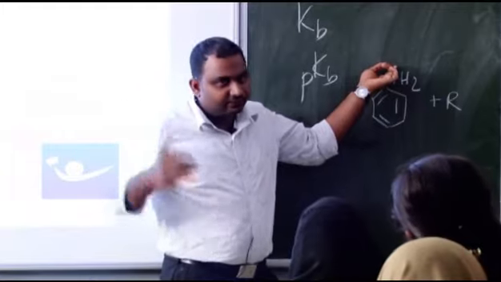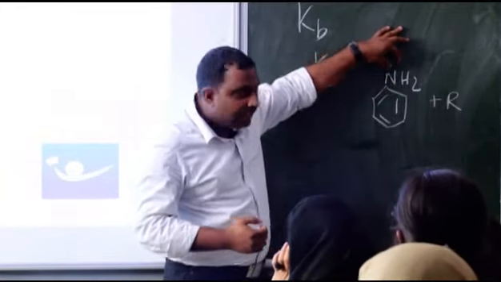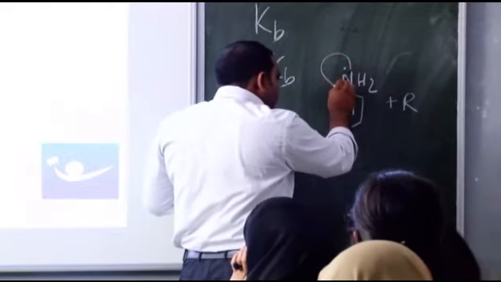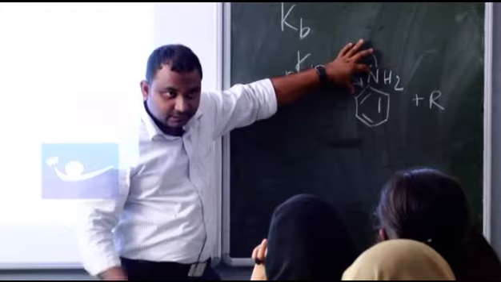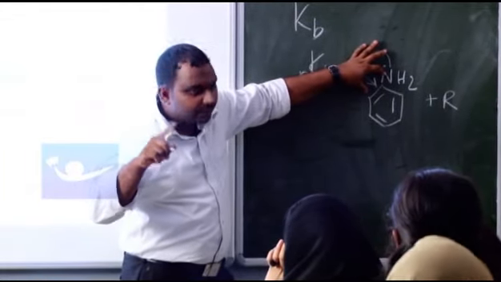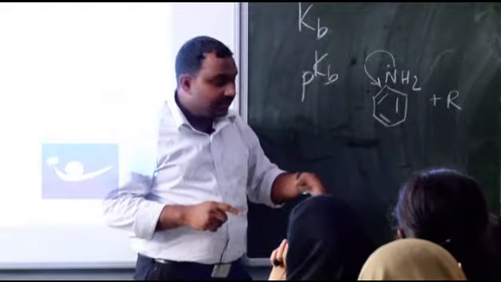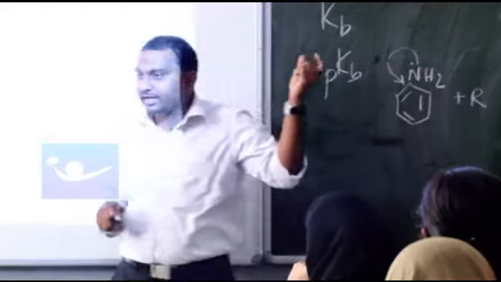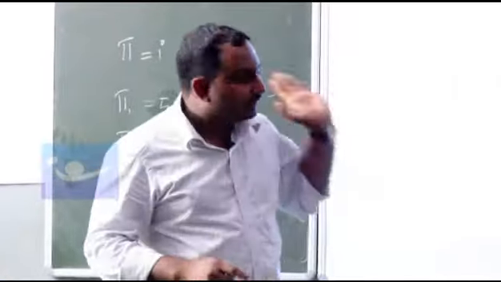Bases donate a pair of electrons, and you know that this pair of electrons is involved in resonance, plus R, and it is already delocalized in resonance. So the availability of this pair of electrons is least, so its basicity is least.